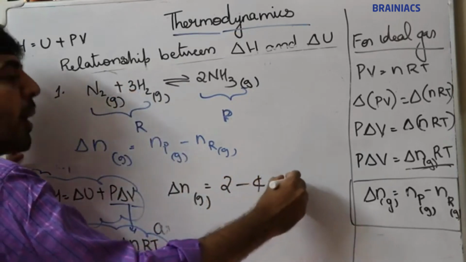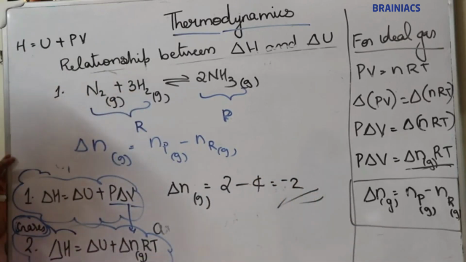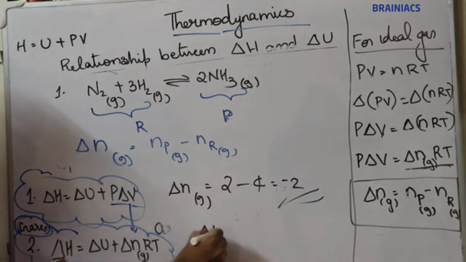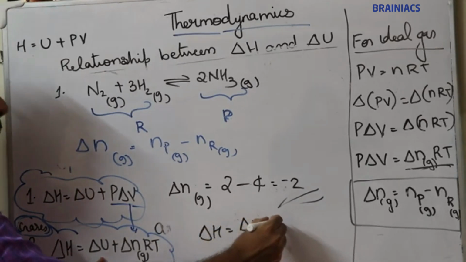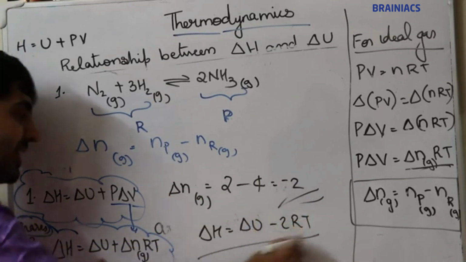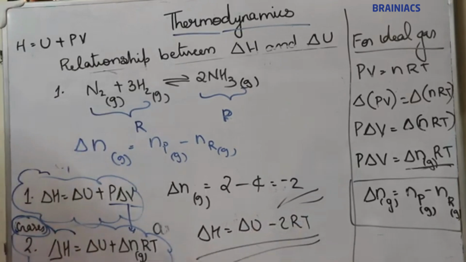So delta ng is minus 2. Substituting this value, delta H is equal to delta U minus 2RT. So this is the relationship between delta H and delta U.